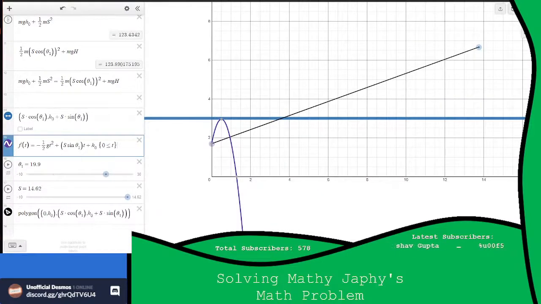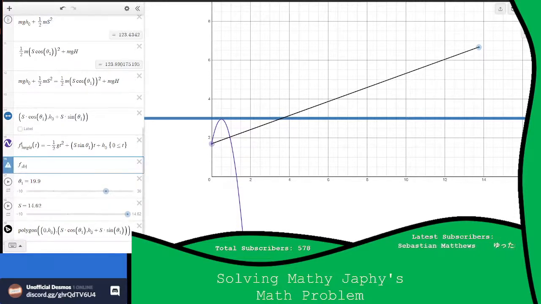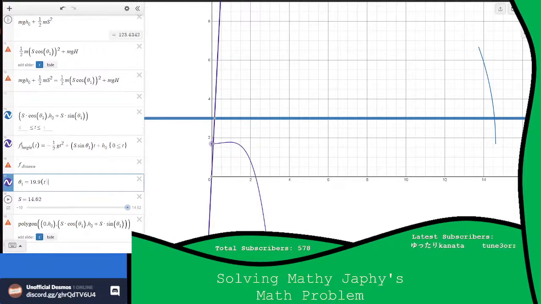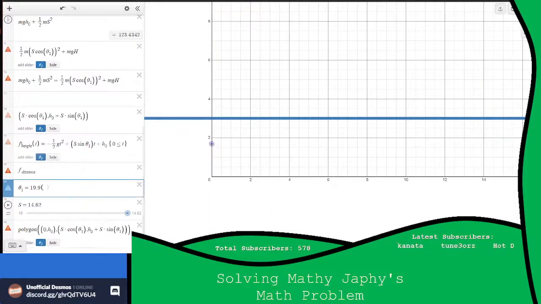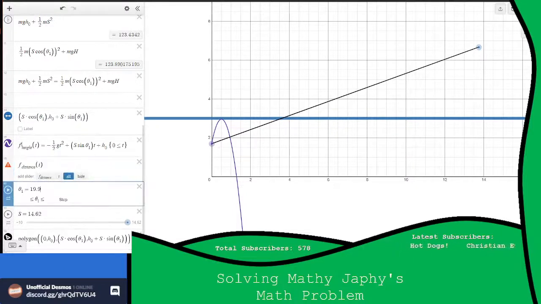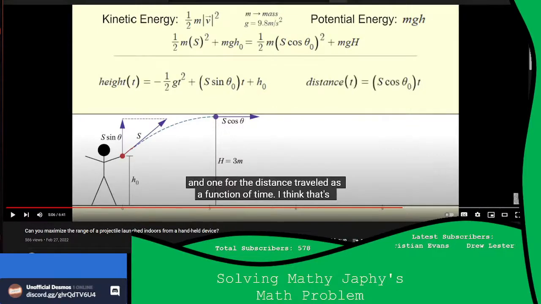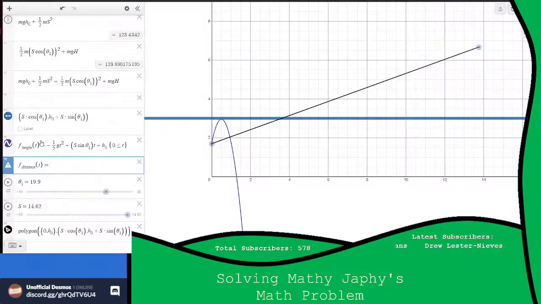Is f, right? And f of distance of t is equal to s cosine theta t. So it's just this part.